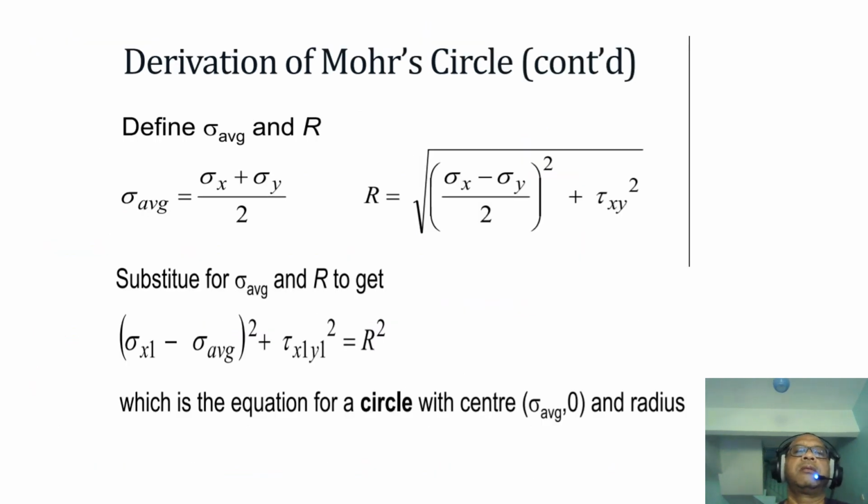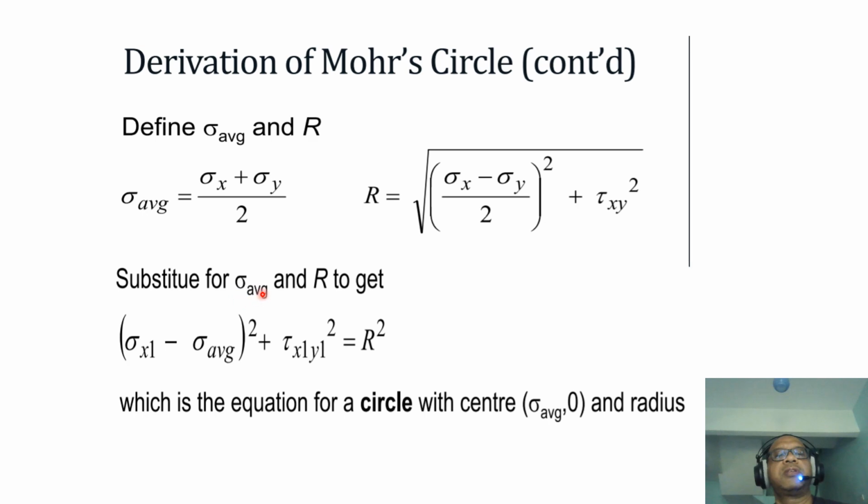So in that Mohr circle equation, we define the average stress as sigma x plus sigma y over 2, the mean stress of direction x and direction y. Then we have R as the square root of (sigma x minus sigma y divided by 2) squared plus tau xy squared.